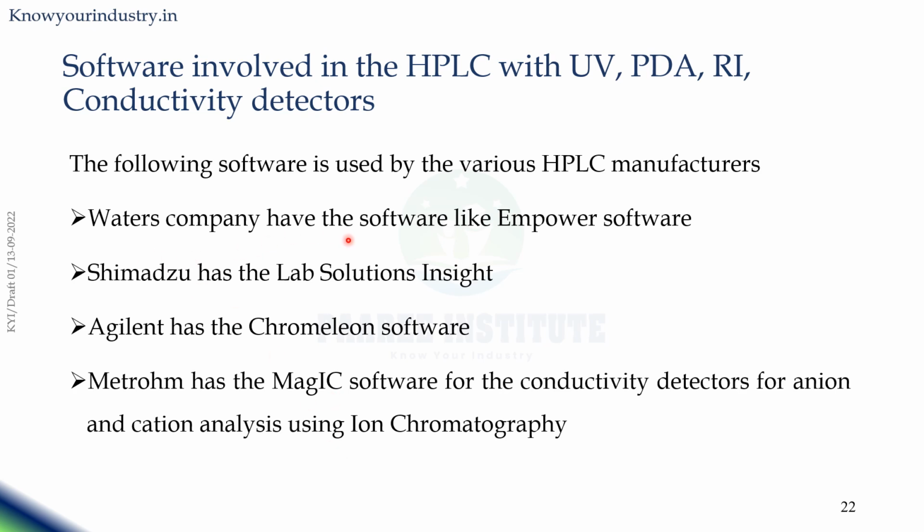Waters produces many HPLC instruments, and uses the Empower software. Shimadzu has LabSolutions Insight software. Agilent has ChemStation software for the HPLC systems. Then Metrohm, which produces ion exchange chromatography systems, uses the MagIC Net software for the conductivity detectors.